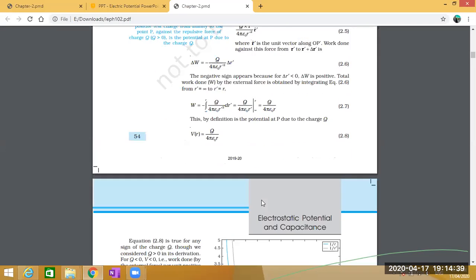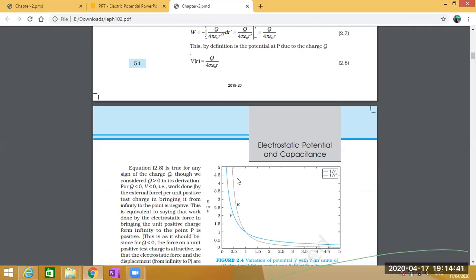So if you plot the graph representing electric potential and electric field on the same graph, you will see that the graph representing electric field will be steeper than the graph representing electric potential. Why? Because electric potential varies inversely as distance, and electric field varies inversely as square of distance. Therefore, this graph must be kept in mind.